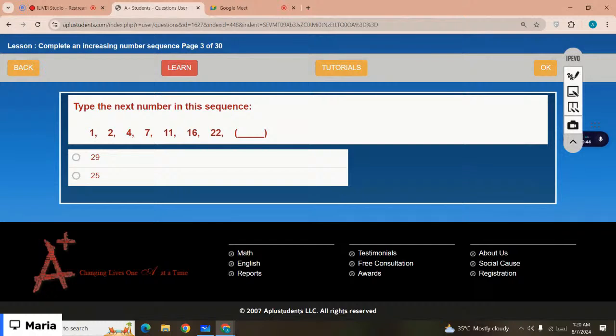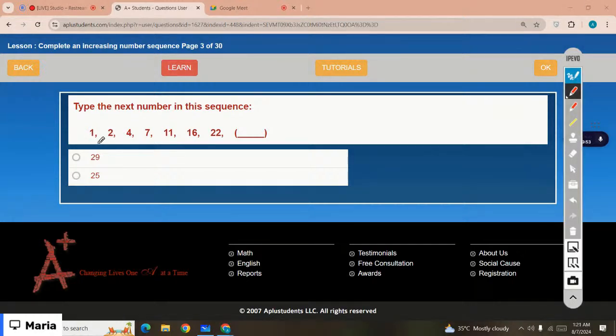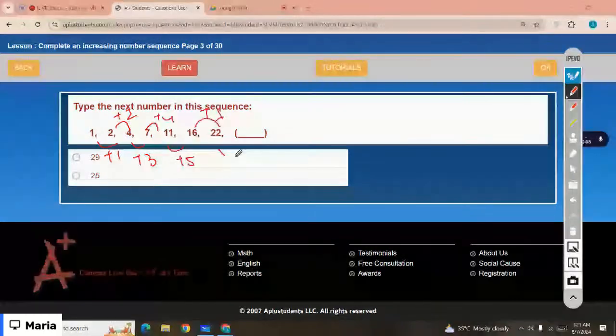Type the next number in the sequence. So which is the next number in the sequence? 1 makes 2, 2 plus 2 makes 4, 4 plus 3 makes 7, 7 plus 4 makes 11, 11 plus 5 makes 16, plus 6 makes 22. That means for the next number you need to add 7. So 22 plus 7 is 29.